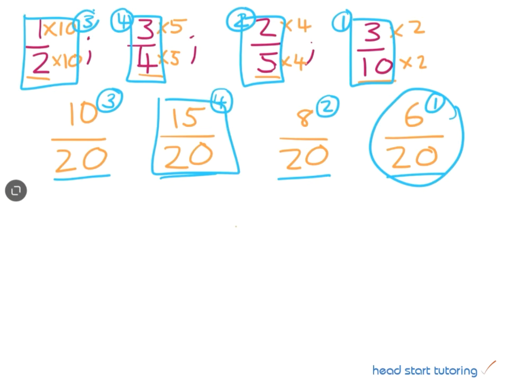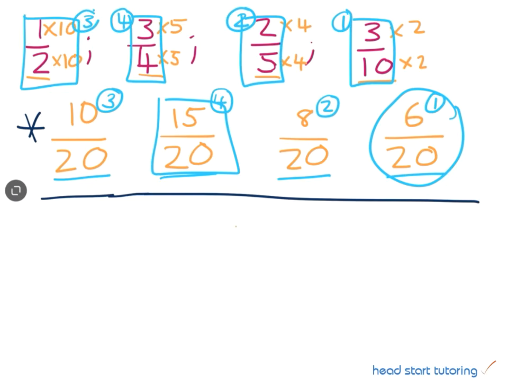Right, let's have a look at another way of comparing our fractions. So we can convert our fractions into equivalent fractions with a common denominator, and then we can compare our numerators, like what we did up here. But what we can also do is convert each of those fractions into decimals and then compare those decimals.